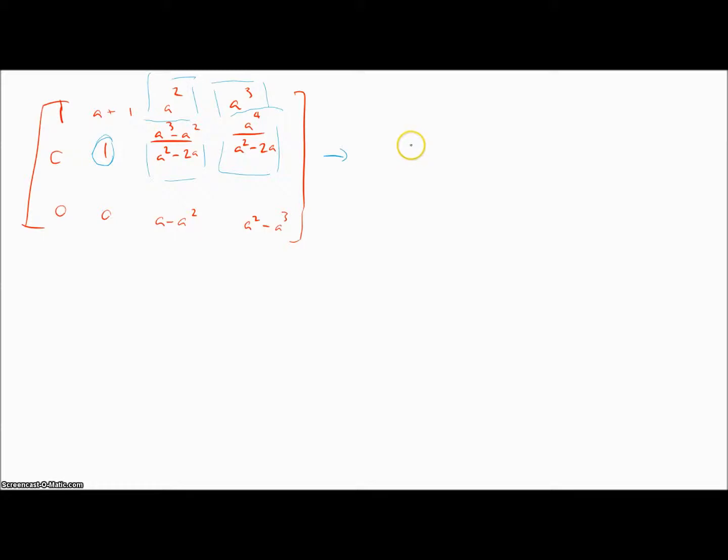So thinking about it, I need row 1 plus the opposite of a plus 1, because here's a plus 1 times row 2. So here you got a 1, so that works out nice. And that is the same thing as saying, let me do this out, I got minus a minus 1 here.